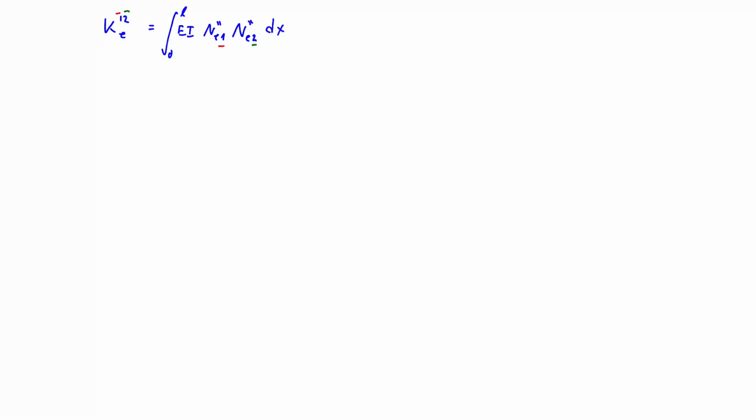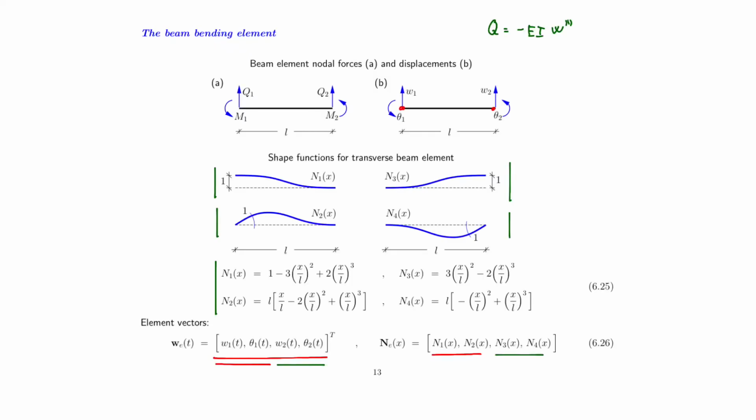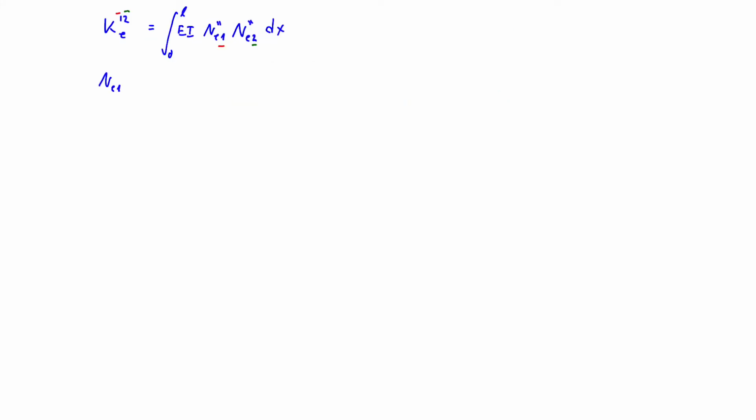Let's just write down the 2 interpolation functions and perform the differentiation to find the double derivatives. So first, if we go back and have a look at the element shape function, entry number 1 is shown here, and thereby written as 1 minus 3x divided by L squared plus 2x divided by L to the power of 3.